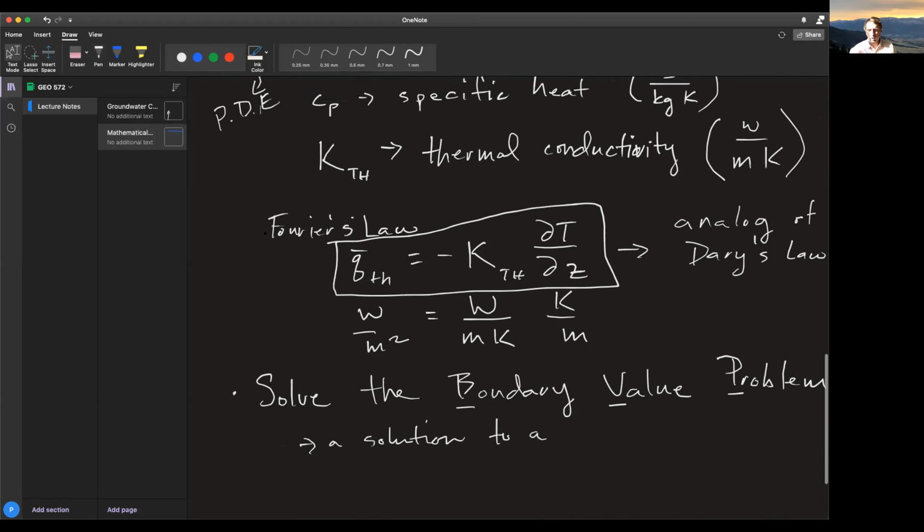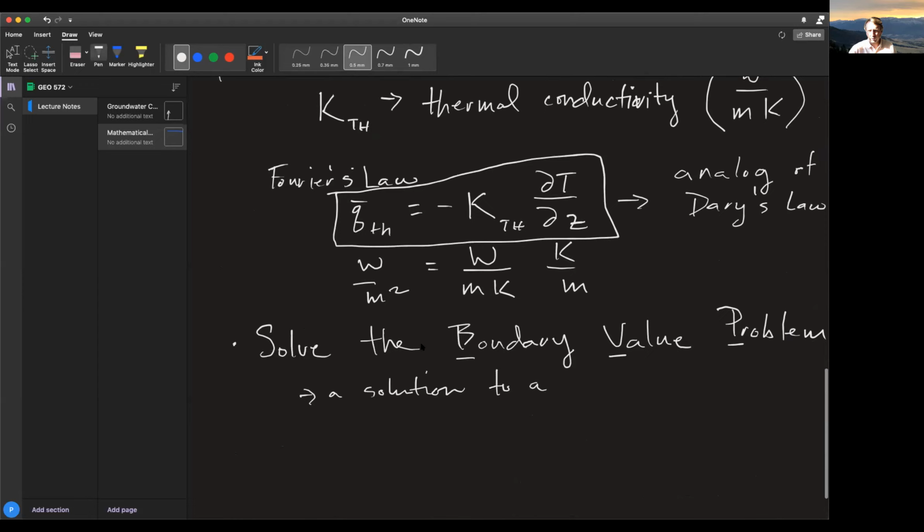Solving the boundary value problem will give us a solution to our PDE subject to our boundary conditions.